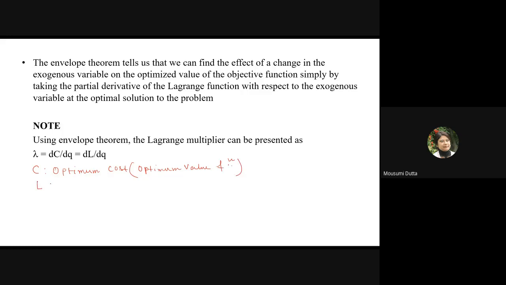And Q is fixed because it is a cost minimization problem, so Q is equal to Q. Q is the parameter of the model. In case of cost minimization, Q is the exogenous variable or the parameter. It is fixed.